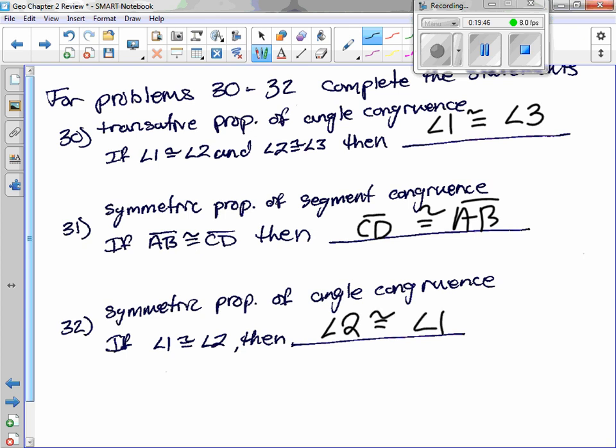So with these here, we need the congruent symbol, the equal sign with the squiggly line above it. And for segments, we have to have the line segment above it, because we're not talking about the angle anymore. We're talking about the line segment itself. Any questions on these three here? We're good with these here, finishing the statements? Yes?